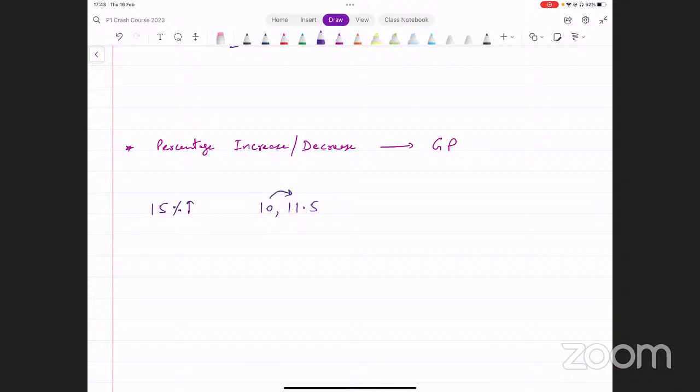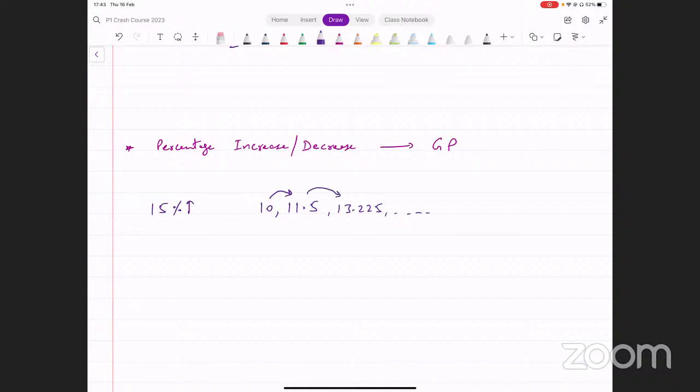So it's 15% more than the previous term. Similarly, the next term after that would be 11.5, and then you add 15% to that. That's going to be 13.225, and so on. So this is always going to be a geometric progression.